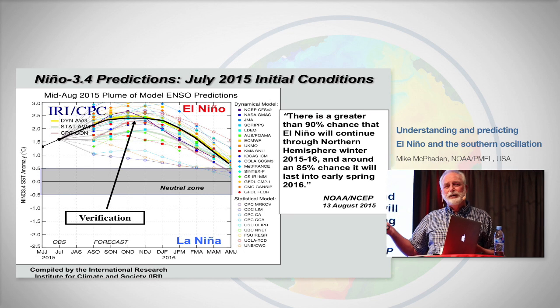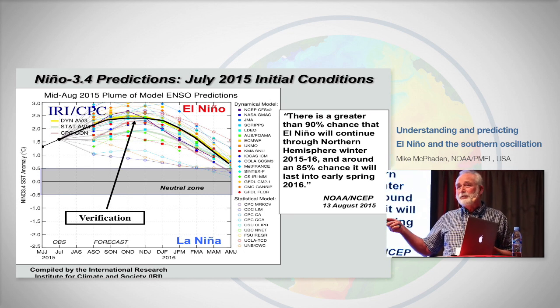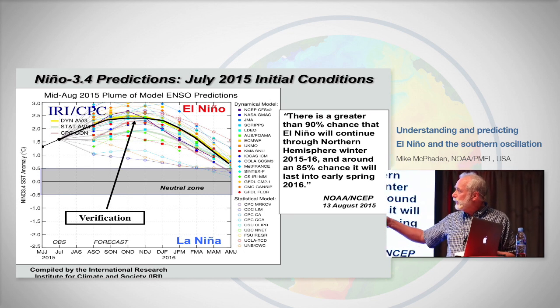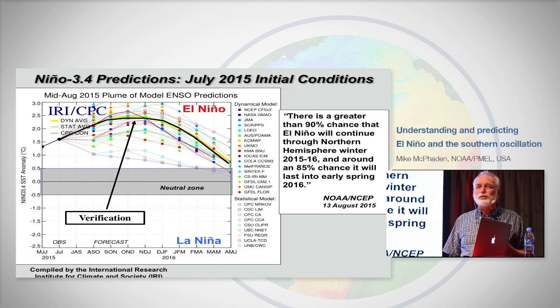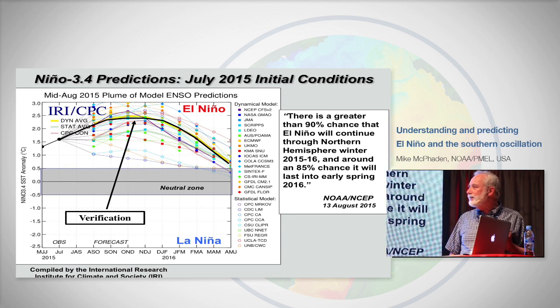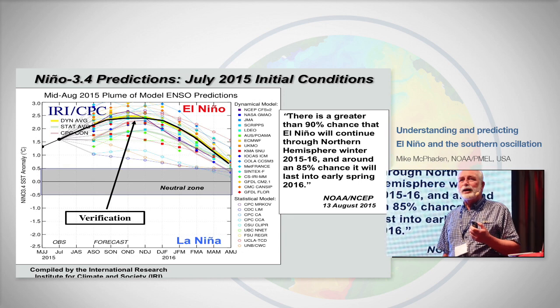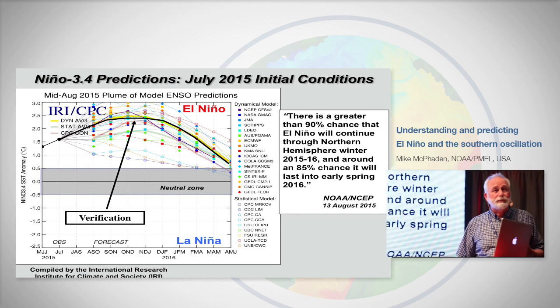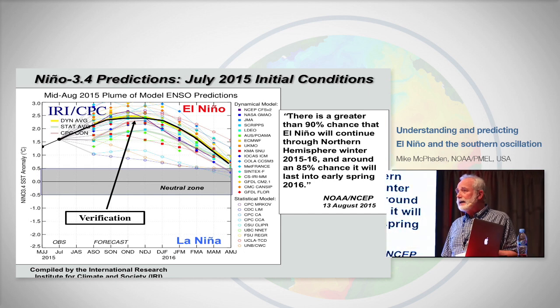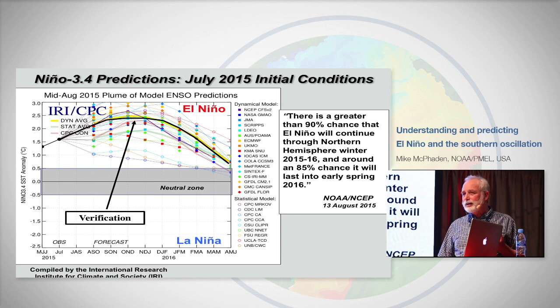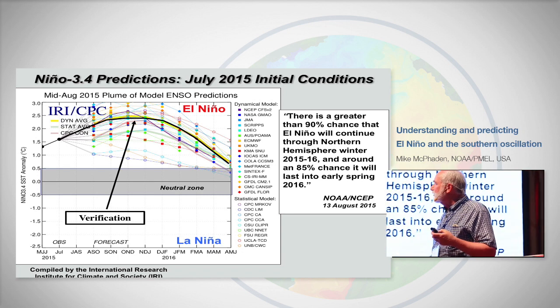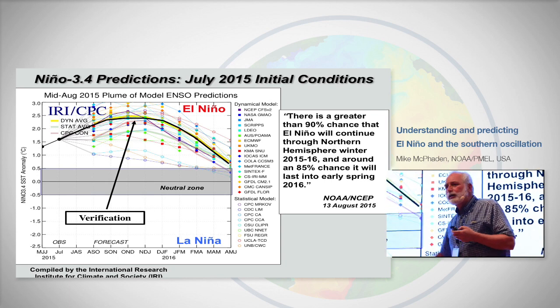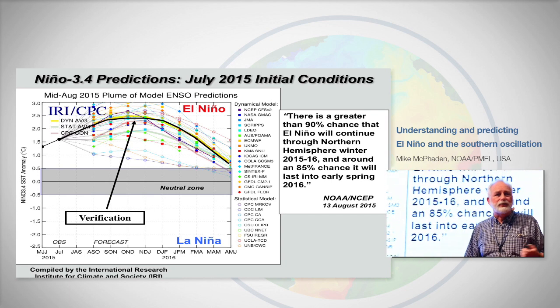This is the first time, since we've been doing this ensembling of different models, that the dynamical models have clearly outperformed the statistical models. And the reason is because the dynamical models have a lot of the explicit physics and nonlinearities built into them, like these high-frequency wind events, whereas the statistical models are based on training using monthly averages going back in time.